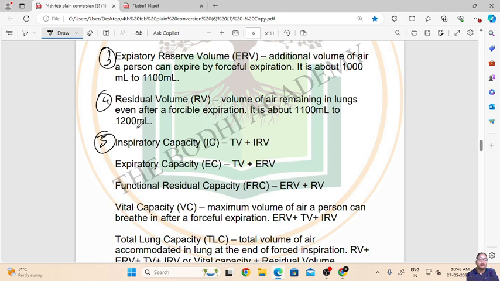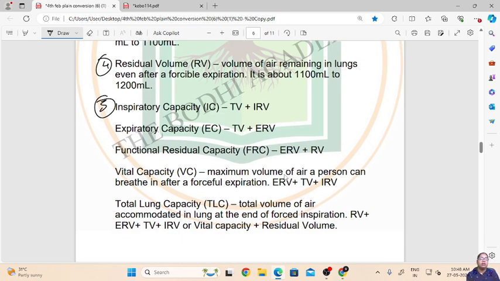This will give you your inspiratory capacity. Then expiratory capacity is TV plus ERV, that is your expiratory reserve volume. Then comes the functional residual capacity, which can be calculated by adding ERV, your expiratory reserve volume, plus RV, that is the residual volume.